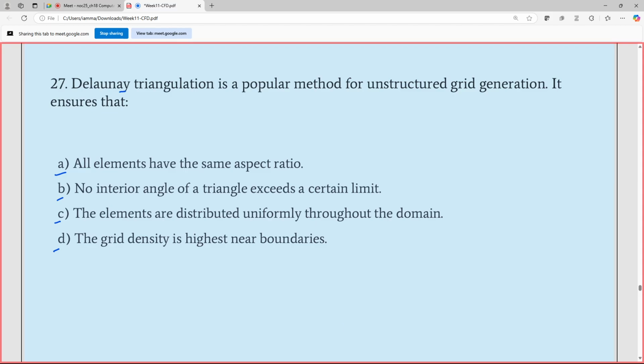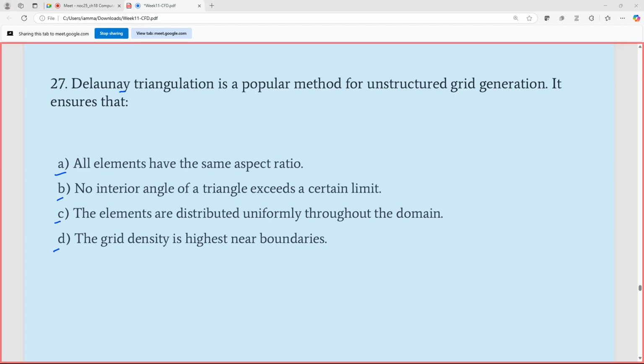Options are: all elements have the same aspect ratio. Option B, no interior angle of the triangle exceeds a certain limit. Option C, the elements are distributed uniformly throughout the domain. Option D, the grid density is highest near boundaries.